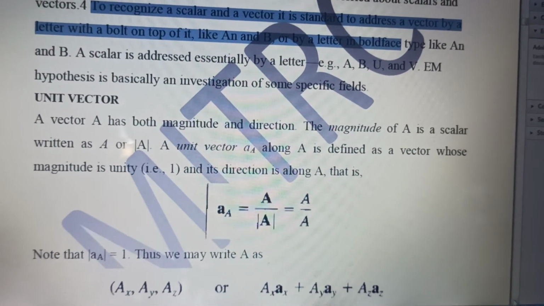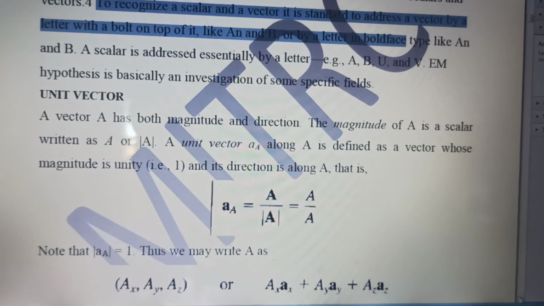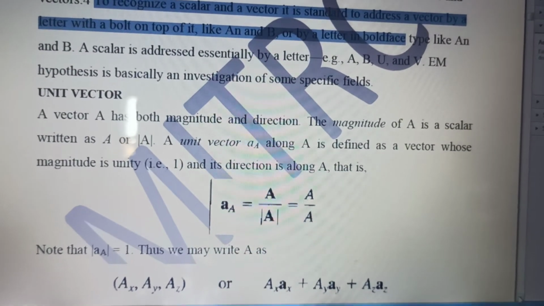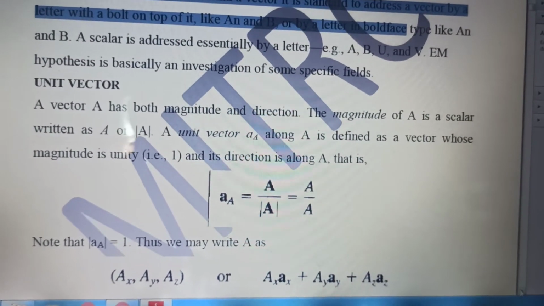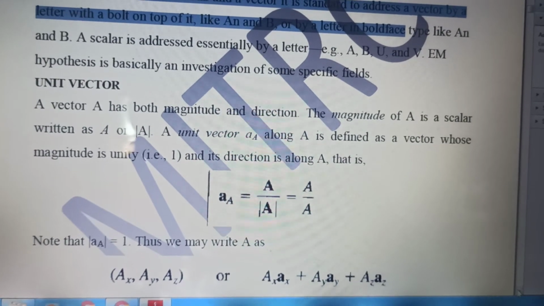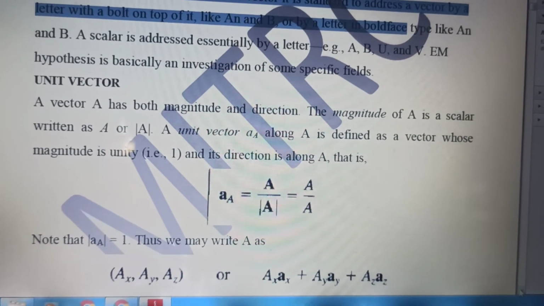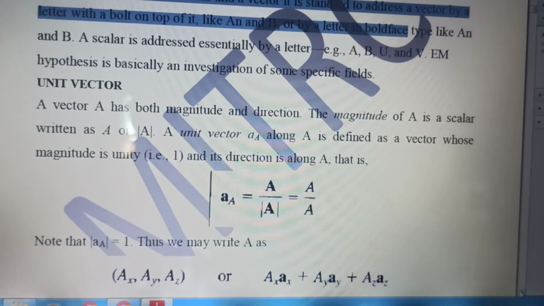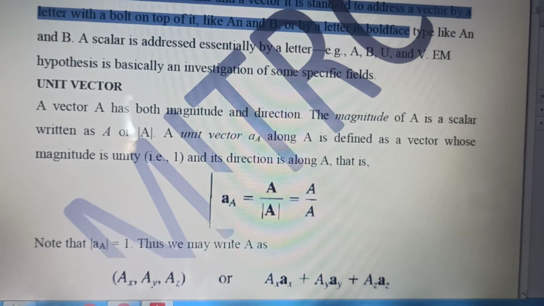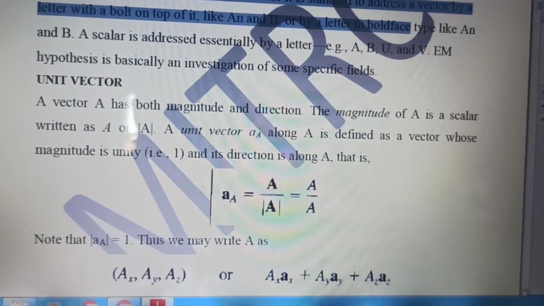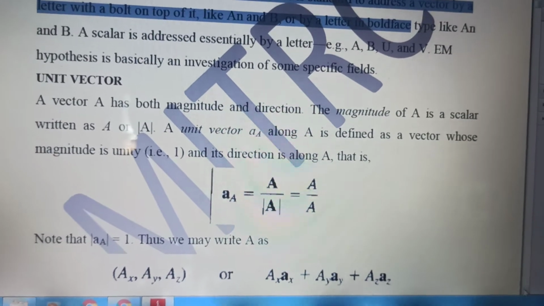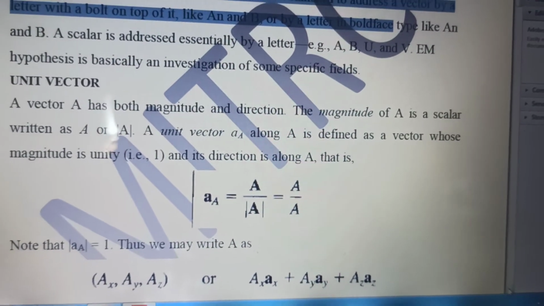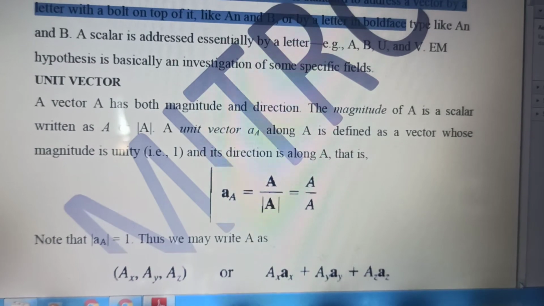Many operations carried out on vectors involve projections, gradient, divergence, and in all of these we have to obtain the particular unit vector. If the unit vector is not obtained, we cannot perform even basic operations like dot product and cross product.